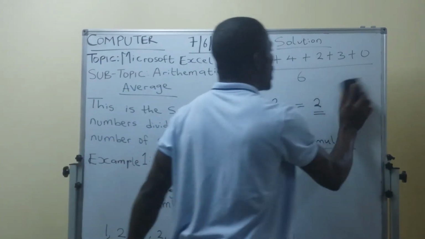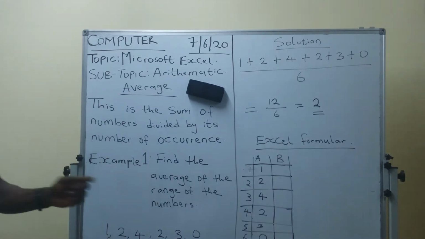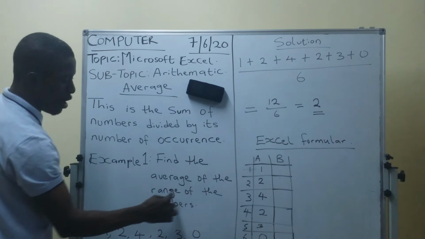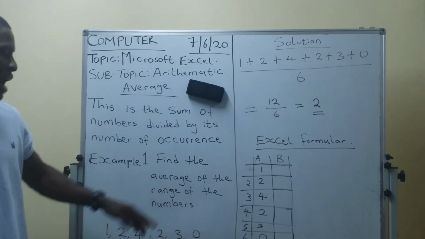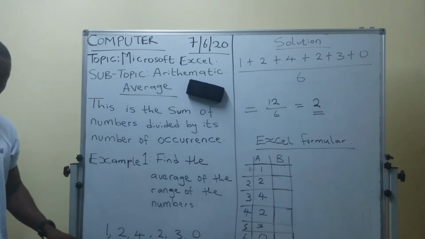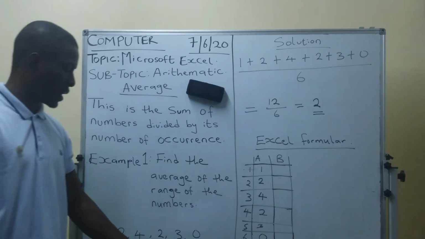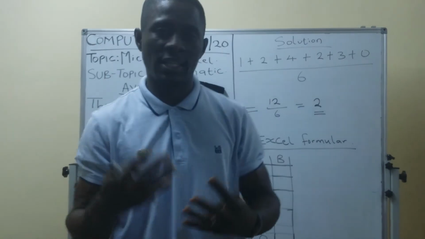So I'll go ahead with the example I have here. Now let's look at this example. I have only example 1, which says find the average of the range of these numbers. We have 1, 2, 4, 2, 3, 0. So what is the average of these numbers? Remember what I did previously?